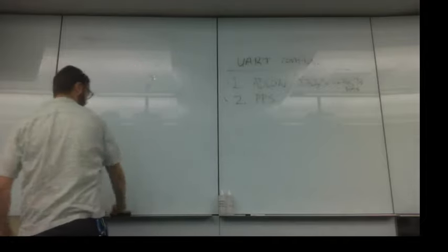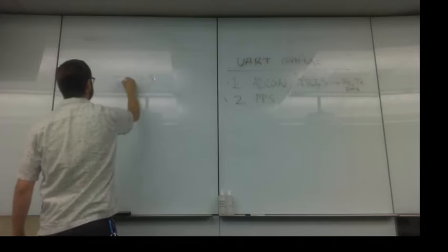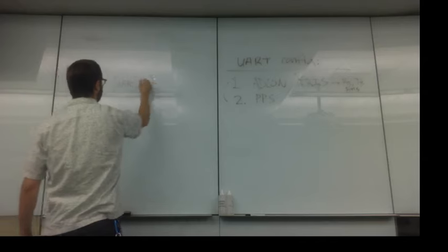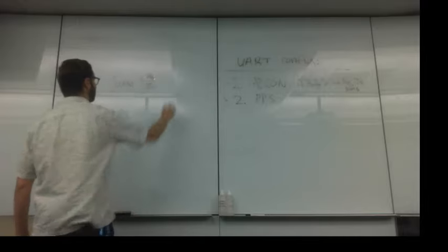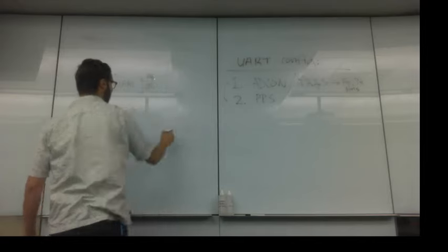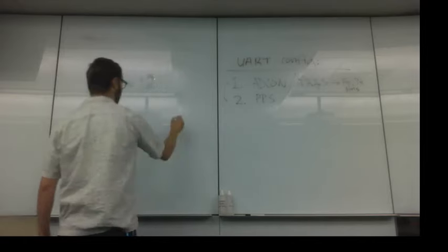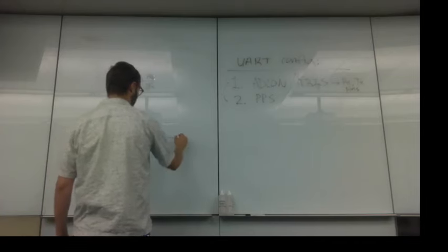Alright, so we have this UART module inside. We've got an RX and a TX pin, and then it's inside the PIC. Say we want to use pins 15 and 16.